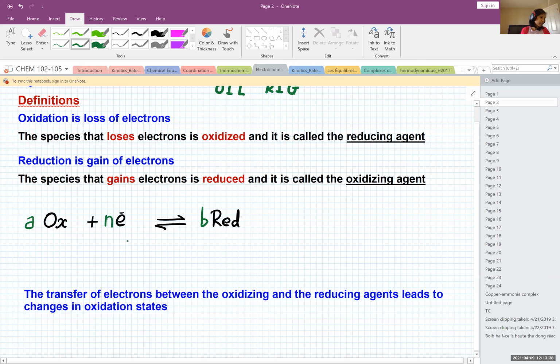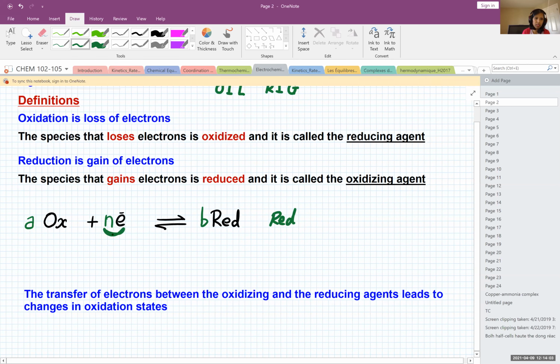Now here, this is just a half reaction, and as you can see here, it is a gain of electrons. So this is the oxidizing agent, or the oxidant as we call it. It is gaining a certain number of electrons and making the reducing agent. So this is known as the reduction half equation.